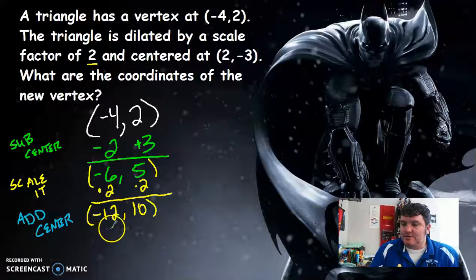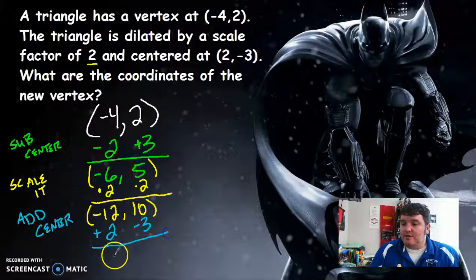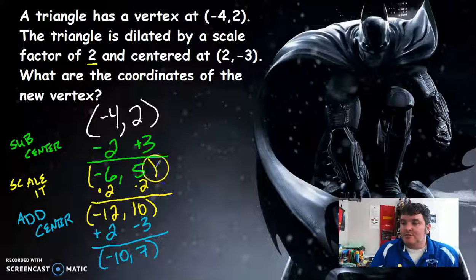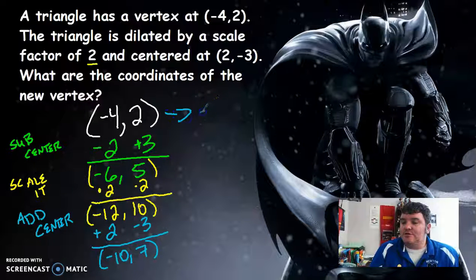So again, the center was 2, -3. I'm adding. So adding a negative is really just subtracting. And so that will give me -10, 7. So -4, 2 with a scale factor of 2 centered at 2, -3 turned into -10, 7.